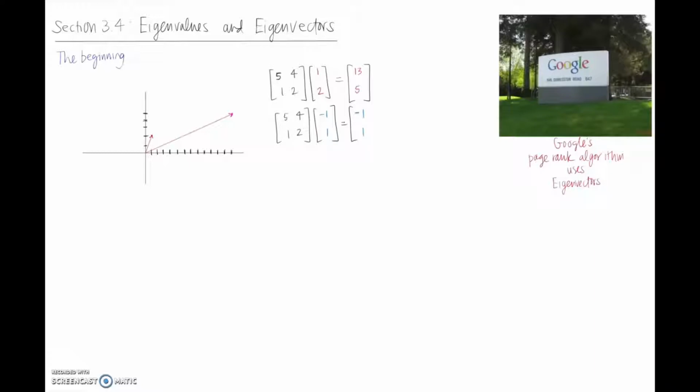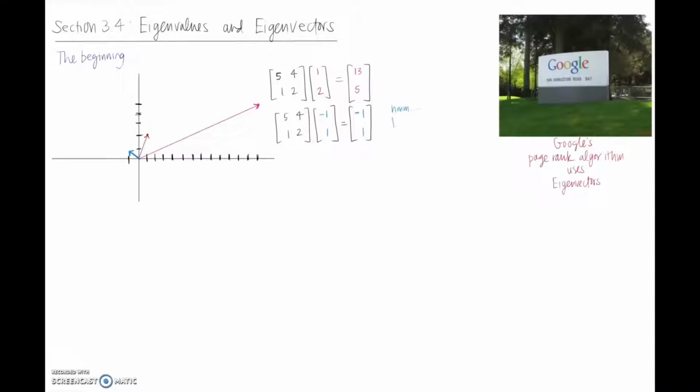So this is something interesting. This vector -1, 1, which is right here, is a little short vector guy. It goes through the transformation, and when it does, it actually lands on itself. So after going through the transformation, this vector just stayed put.